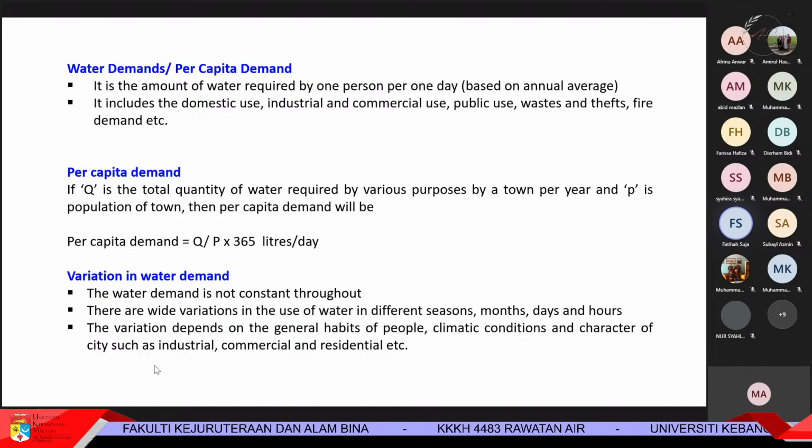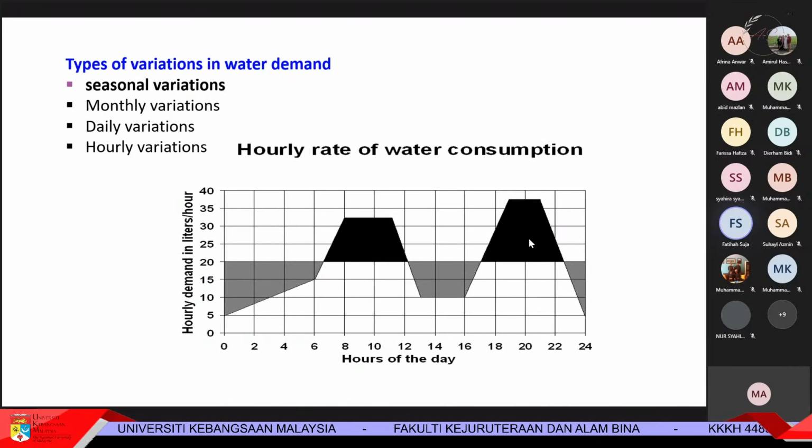Types of variation in water demand: seasonal variations, monthly variations, daily variations and hourly variations. The simplest one is the hourly rate of water consumption. You can see that consumption during early morning and during dinner time is the highest. Okay.